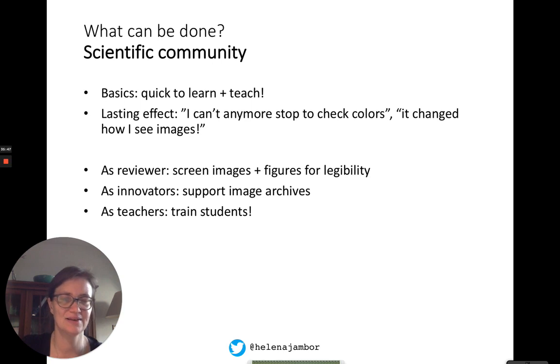Obviously there is a lot of training material for different aspects, but we felt what was lacking really was basic teaching material for explaining what constitutes a legible image.